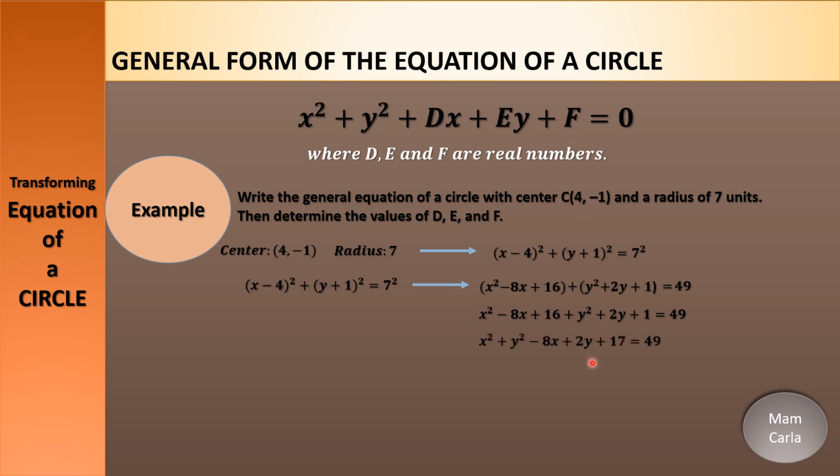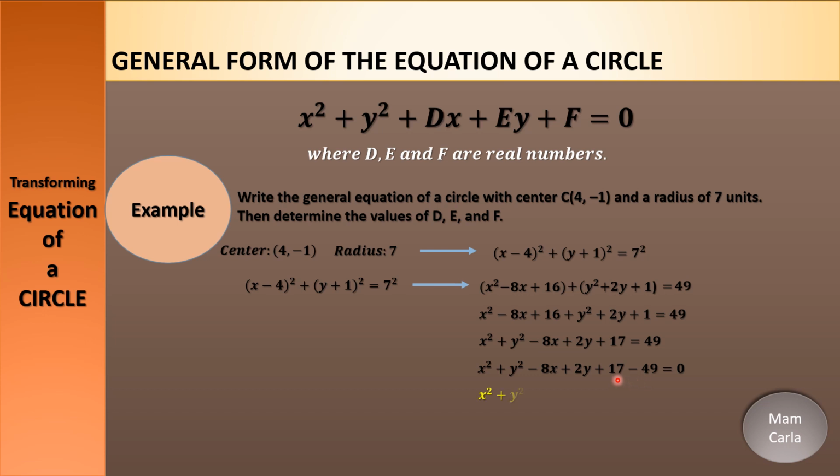So that will be x² + y² - 8x + 2y + 17 = 49. Since we want the right side to be 0, it means that we need to transfer 49 to the left. And that will become x² + y² - 8x + 2y + 17 - 49 = 0.